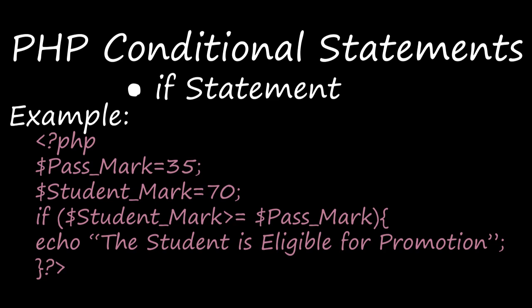Whatever is inside the double quotes in this echo line will be displayed in the output page. Okay, here if this condition is true, then the output will be: the student is eligible for the promotion. Okay, if the student mark which is given is greater than or equal to the pass mark, the output will be: the student is eligible for the promotion.